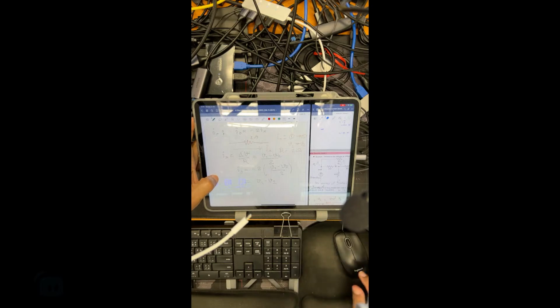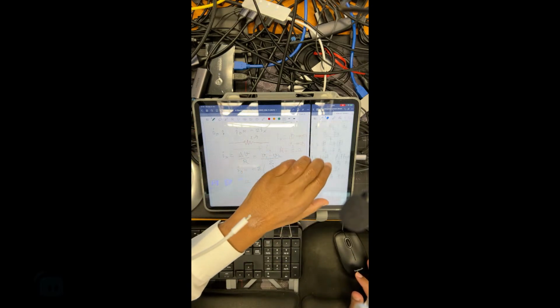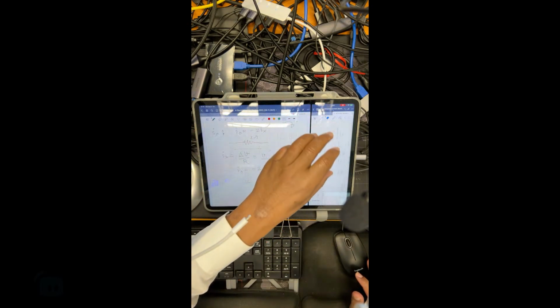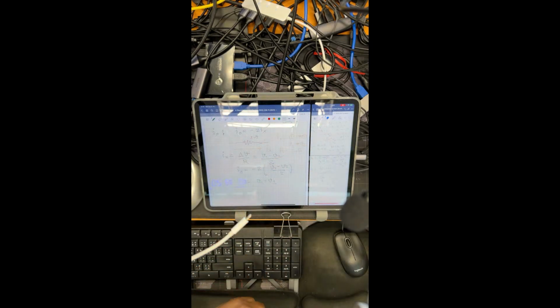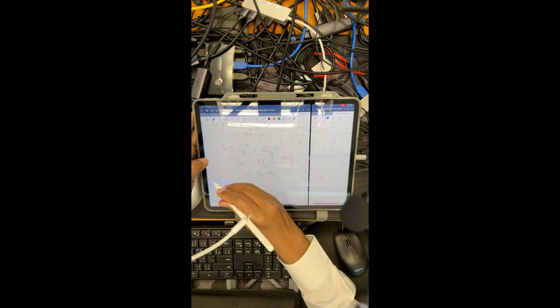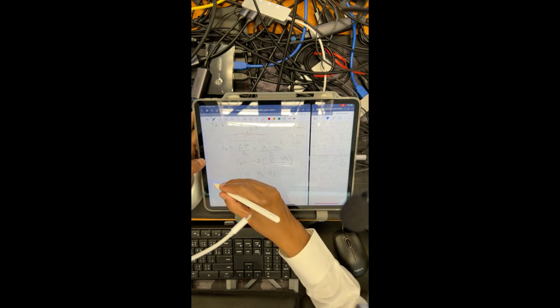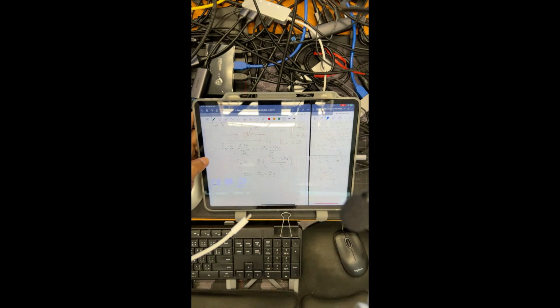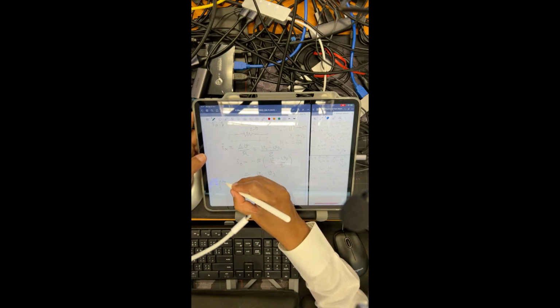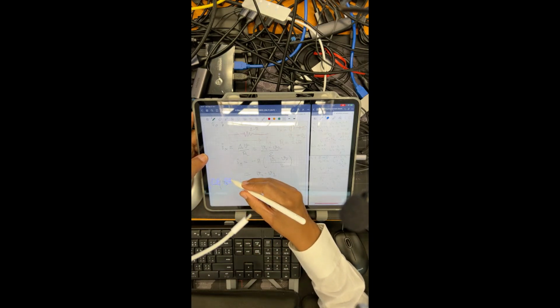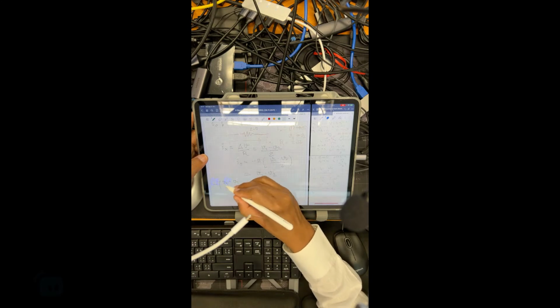We have got the IO expression. We need to substitute it into the KCL of the third node, which is right here: minus IM, plus IN, minus IO. So we have minus IM. Where is IM? IM is right here, V3 minus V1 divided by 4.